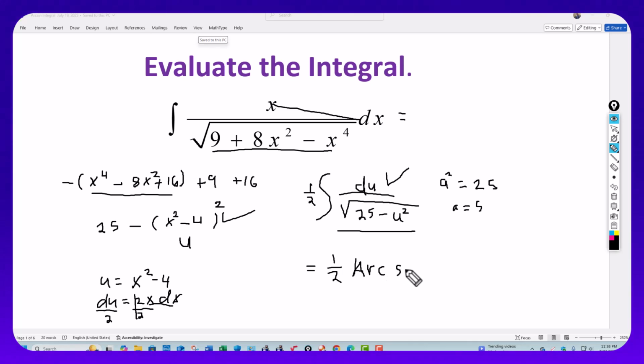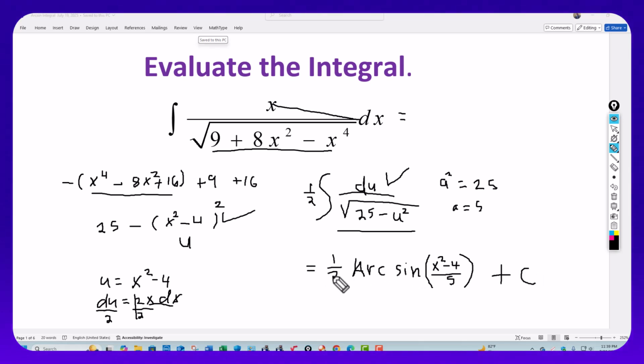So arcsin, and it was u over a. In our case, u is x squared minus 4, and a is 5. And then we have the constant of integration.